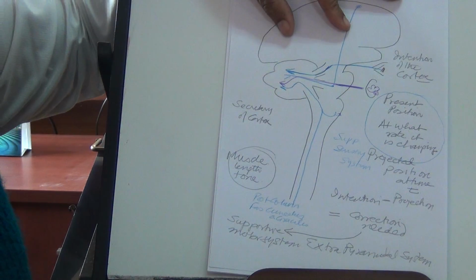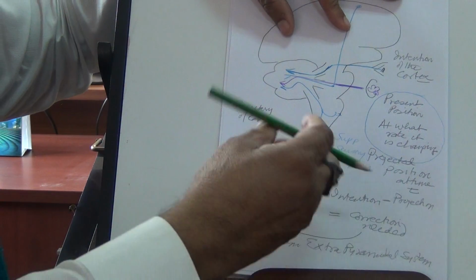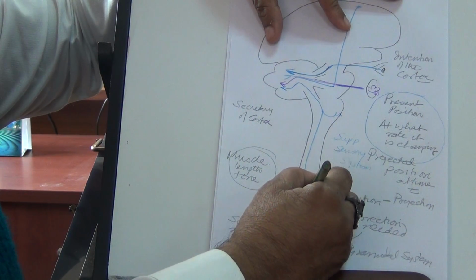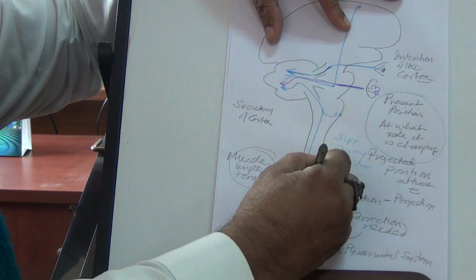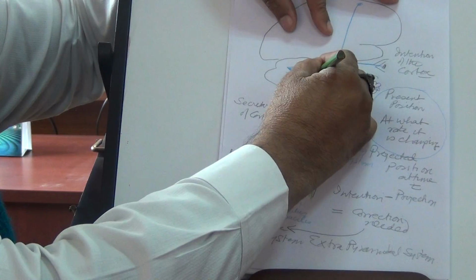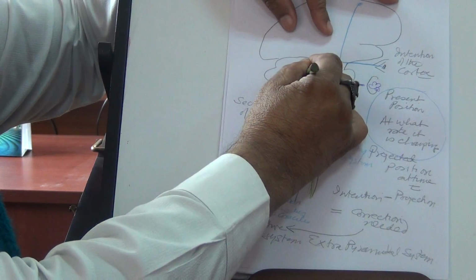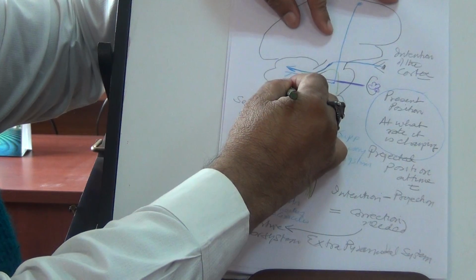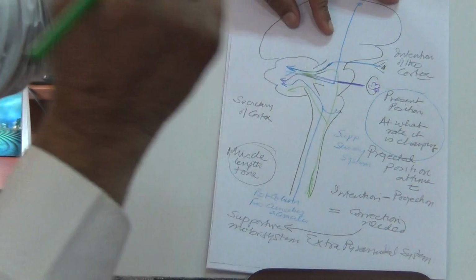Another way this information travels is through the anterior and posterior spinocerebellar tracts. The spinocerebellar tracts carry the joint information through the superior cerebellar peduncle and through the inferior cerebellar peduncle.